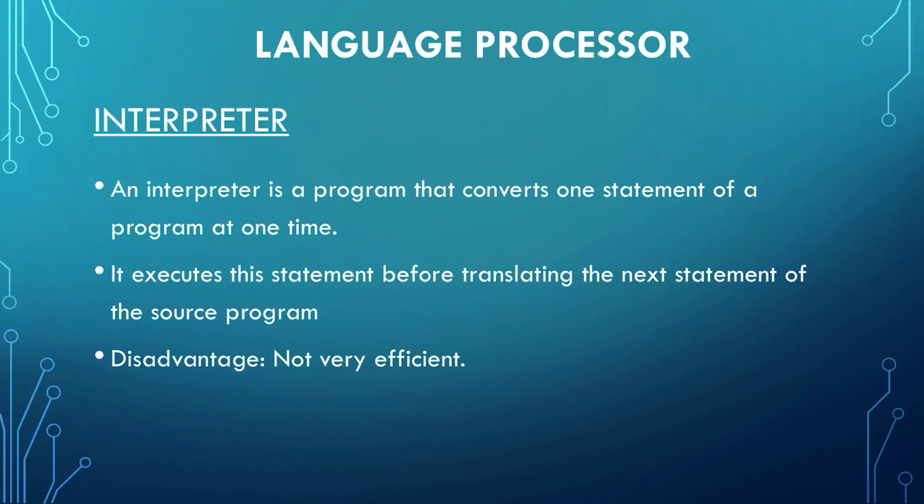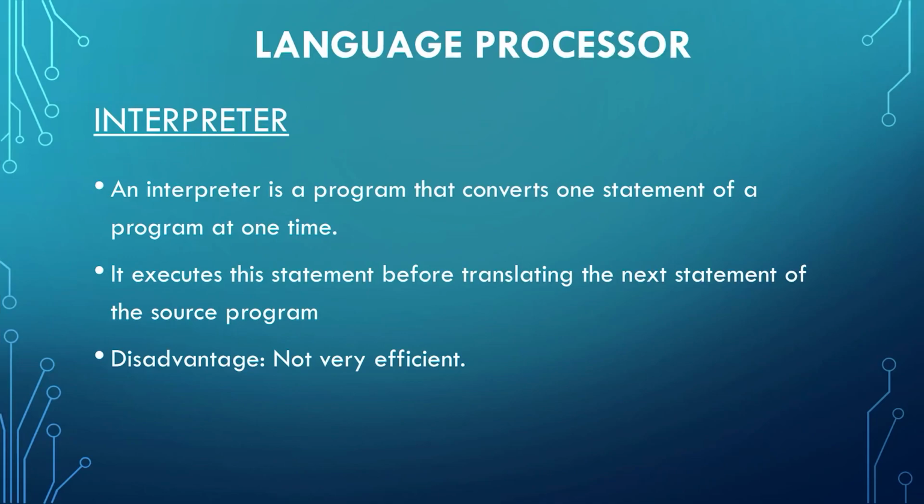Now, the problem here is if there is an error in the statements, the interpreter stops working and displays an error message. The advantage of interpreters over compilers is that an error is found immediately, so the programmer can correct errors during program development. But we have a disadvantage also.